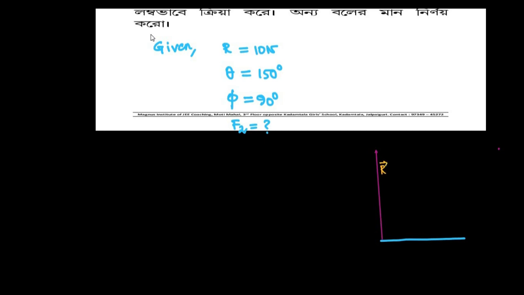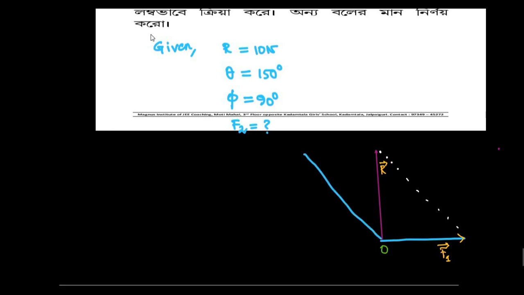Along this direction, resultant force vector R is acting, and the first force vector F1 is acting towards right. And we can draw this side of the triangle, and vector R acts at an angle 90 degree with the force vector F1. Along this direction, the second force F2 is acting.